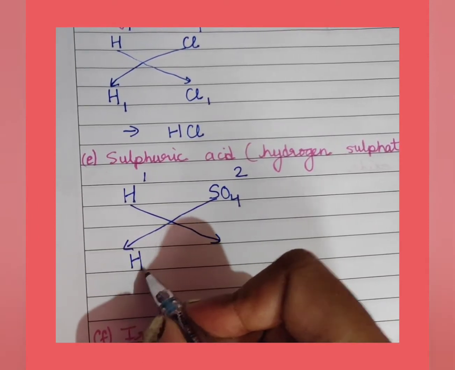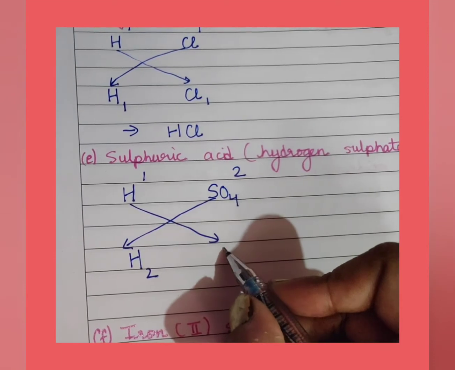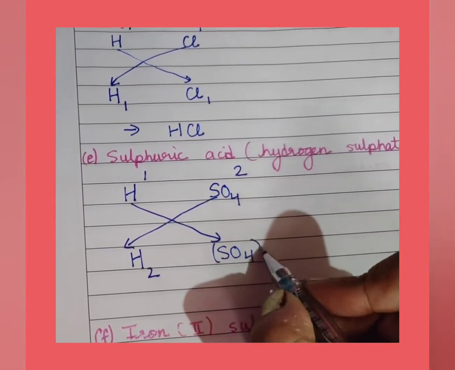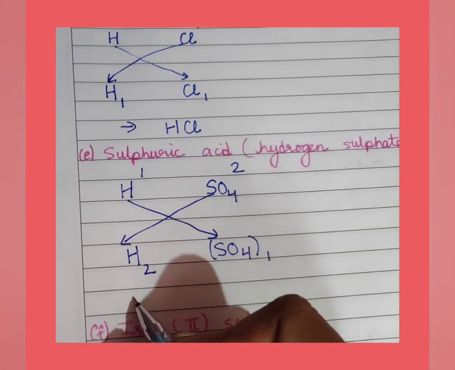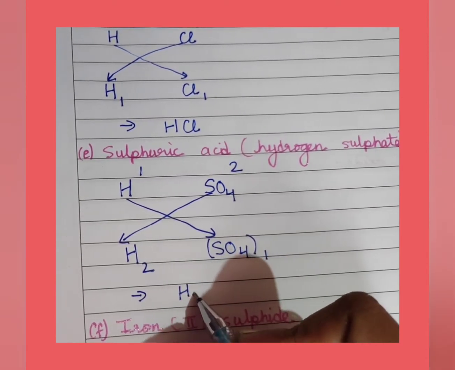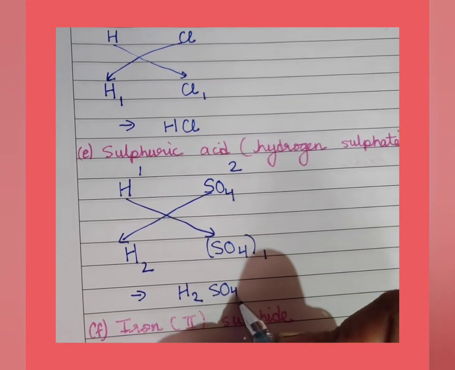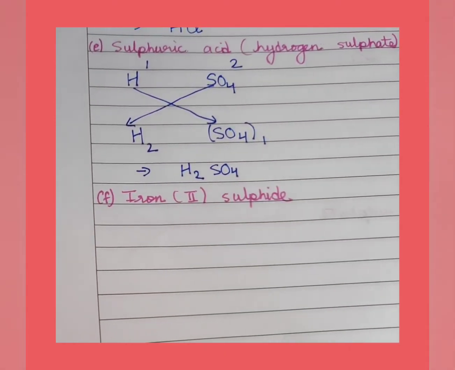So here 2 will come as subscript. Then we have SO4. Since it is a polyatomic ion, we will write it in bracket. Then we will put 1, but as you know, we can ignore 1. So the formula is H2SO4.